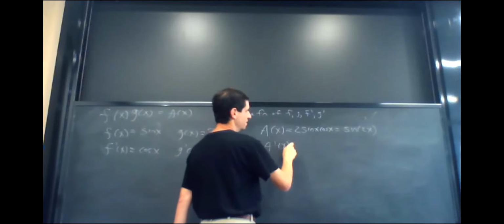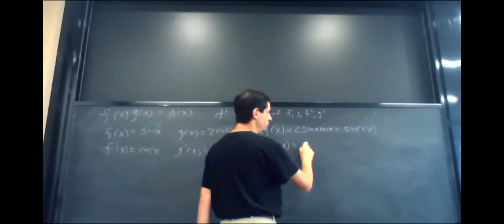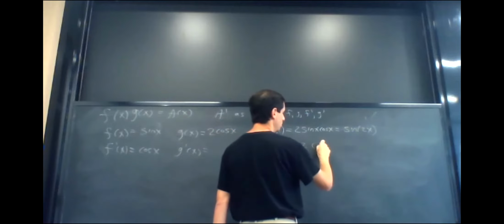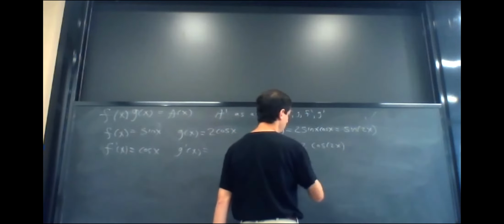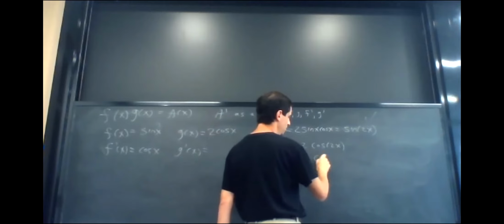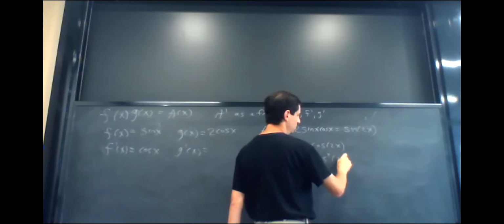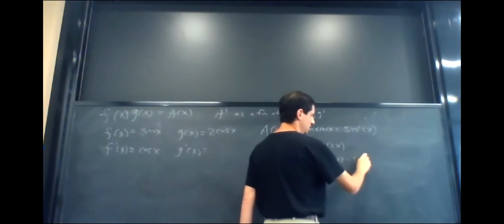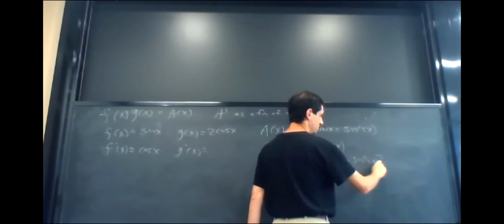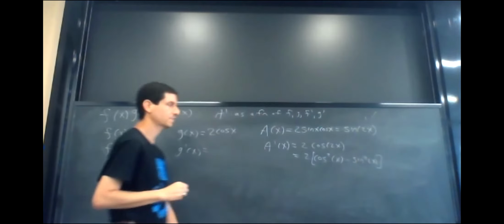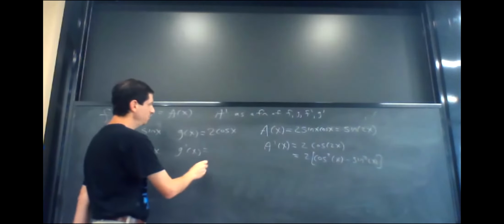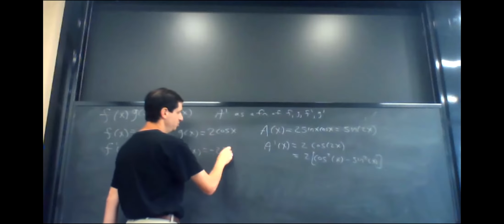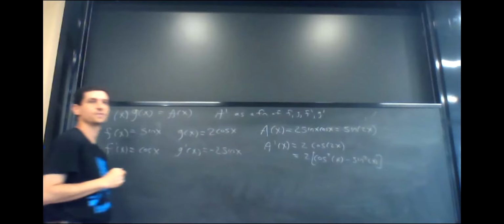So a prime of x is going to be 2 times the derivative of sine, which is cosine 2x, which we may need later is cosine squared of x minus sine squared of x. And so g prime of x is minus 2 sine of x.